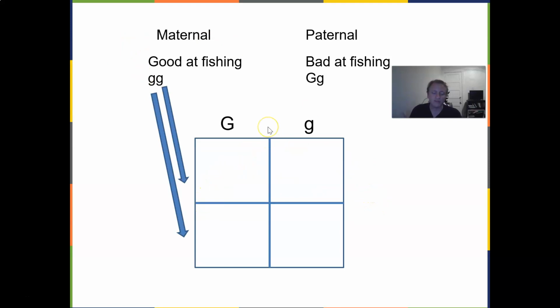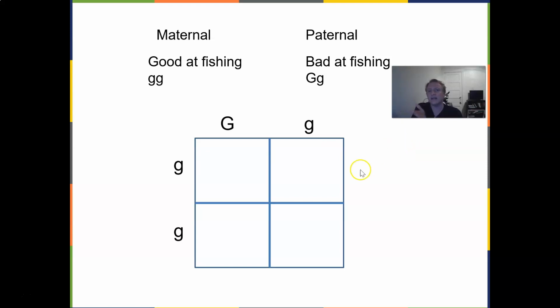So my mom, two good at fishing alleles. We put my mom's alleles for the gene of whether or not you're good at fishing on the side of the Punnett square here. Okay, we have my dad's alleles here, we have my mom's alleles here, and then we see what they can possibly pass down.